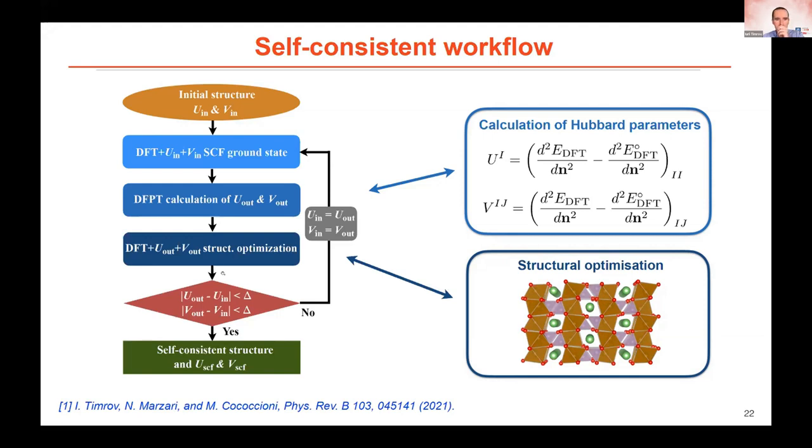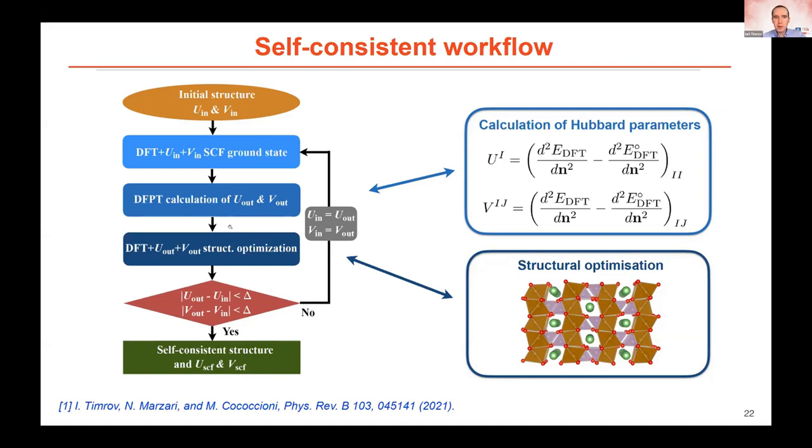So what I mean is that if we go back and say U initial equals U input equals U output, and V input equals V output, so now we perform a new ground state calculation with the new Hubbard parameters, and then we recompute again the Hubbard parameters. They will have different values.